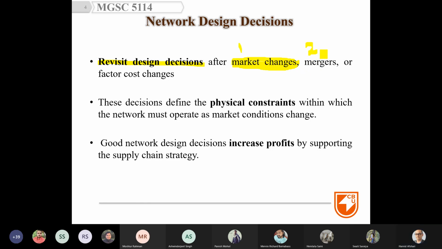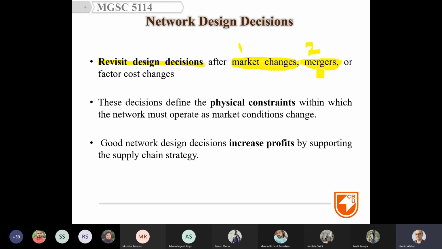Number two, when a merger happens. What does merger mean? Do you have any idea? Like merging different warehouses, combining. Yes, a kind of combining. A clear example of combining in Canada is Sobeys and Safeway.